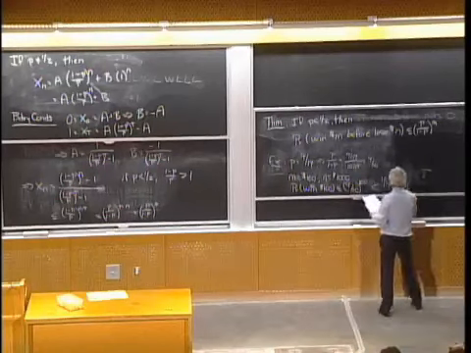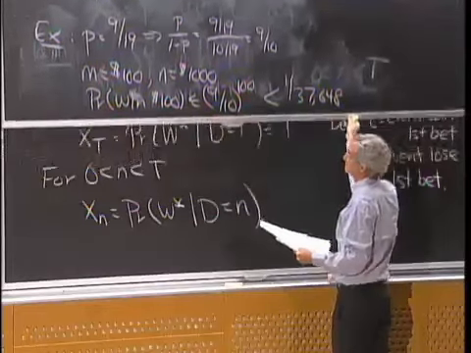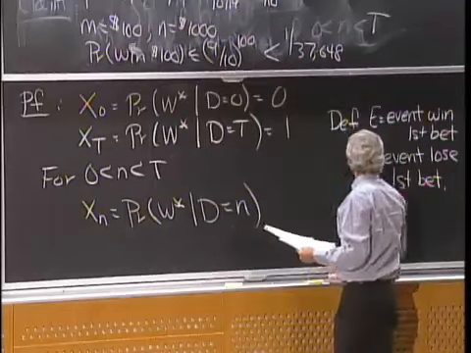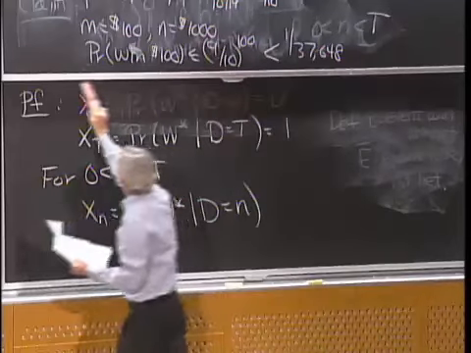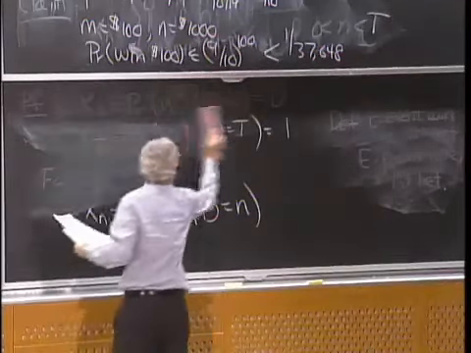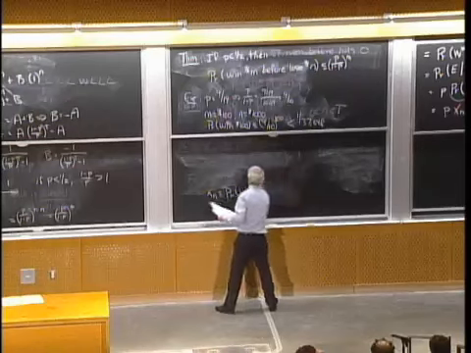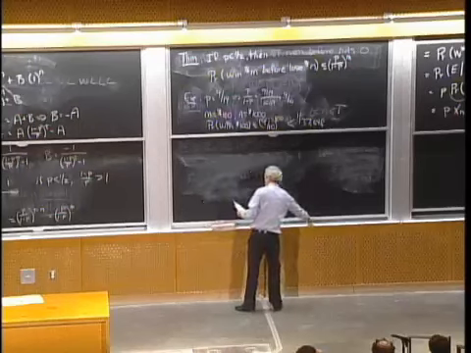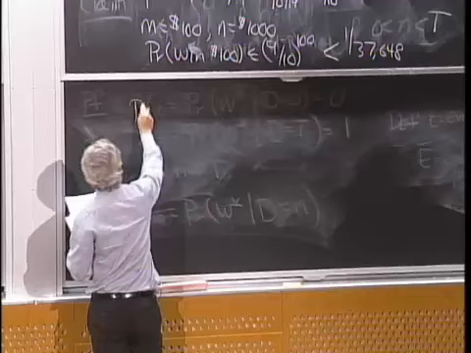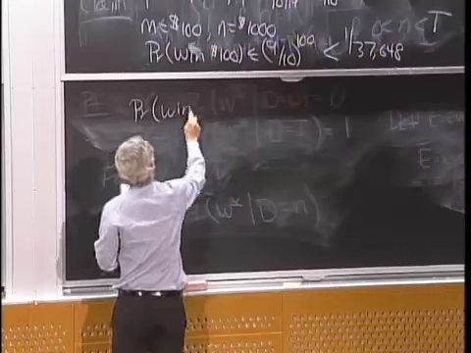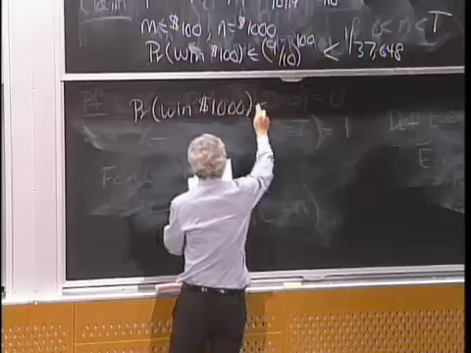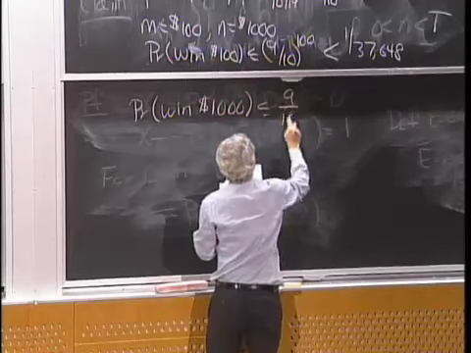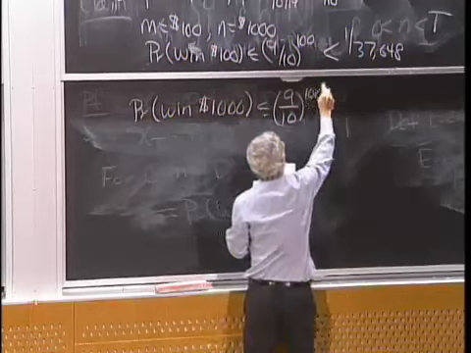Now, we can plug in some other values just for fun. Different values of m. If you thought 1 in 37,000 was unlikely, the chance of winning $1,000, or 1,000 bets worth, before you're broke, that's less than (9/10) to the 1,000.